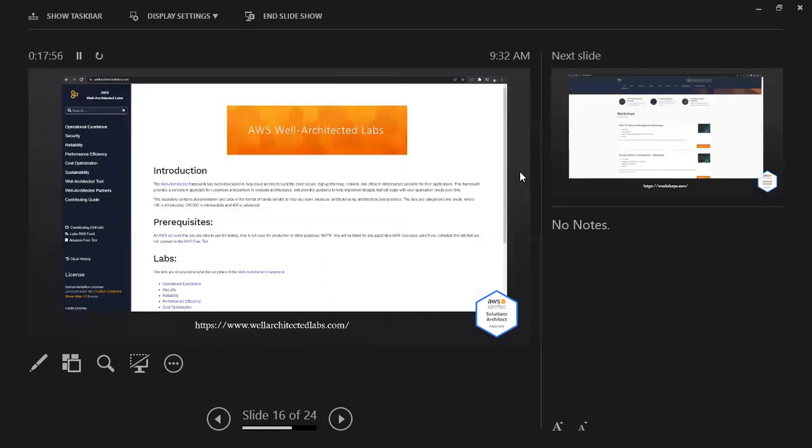Another one of the best sites you want to use for labbing is wellarchitectedlabs.com. Yeah, this site is very rich. Sincerely, a group of developers developed this site so that it can suit your learning process and ensure that you get first-hand experience with AWS.